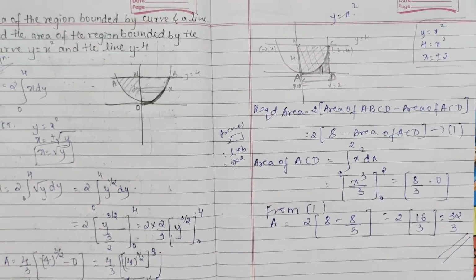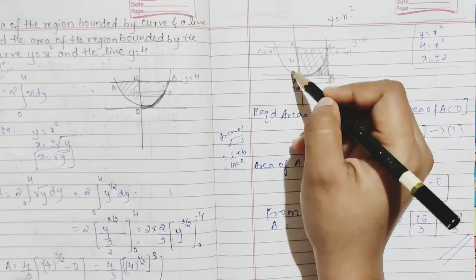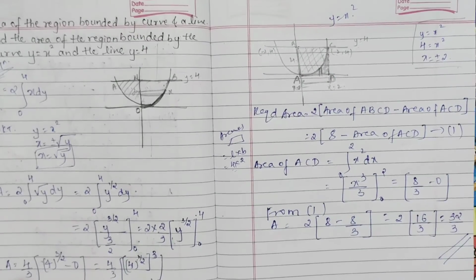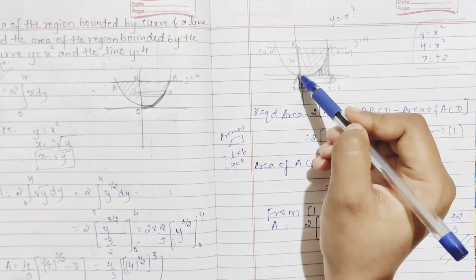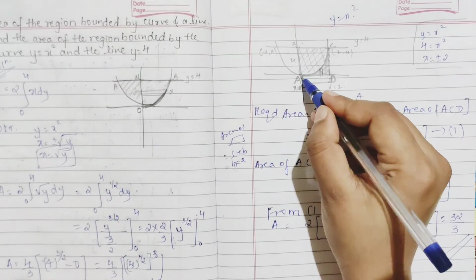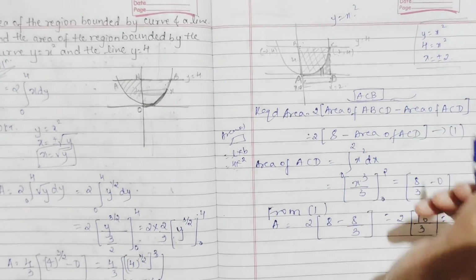This is also very easy. Take the whole rectangle minus that part, and you will get the area of your ACB. Area of ABCD minus ACD gives you nothing but ACB.